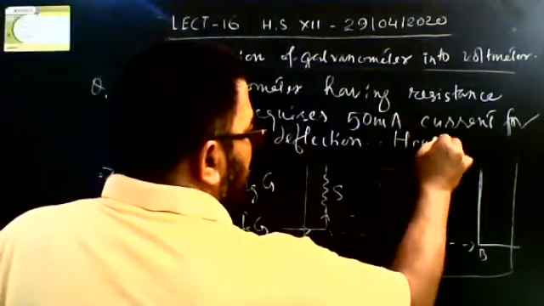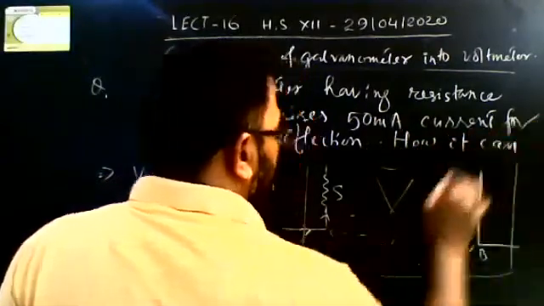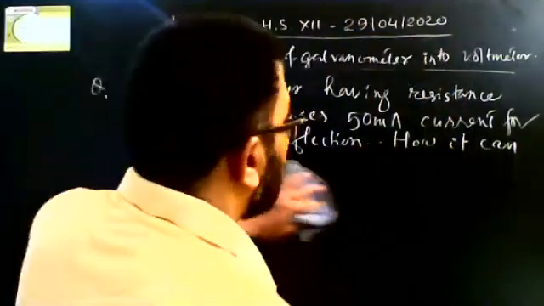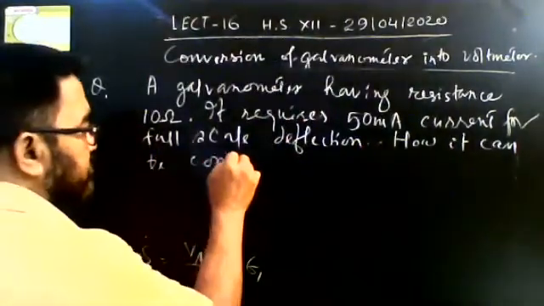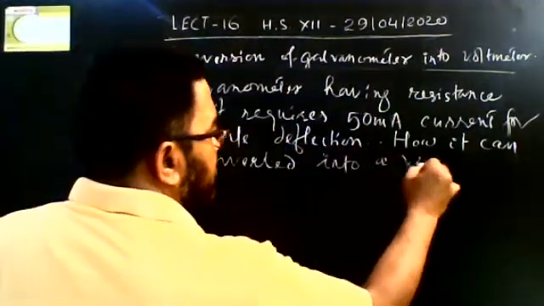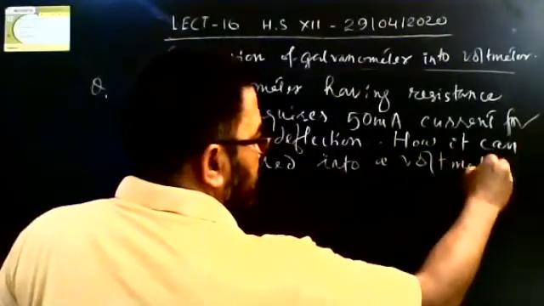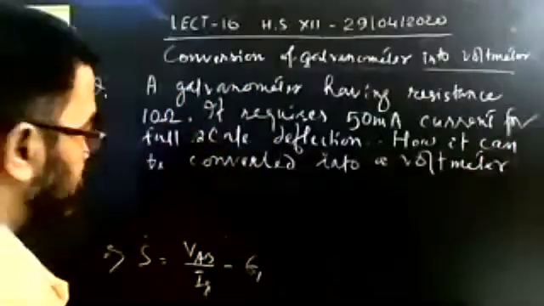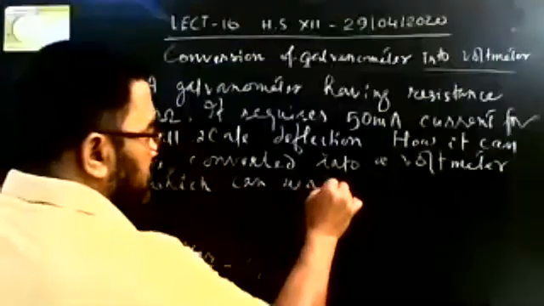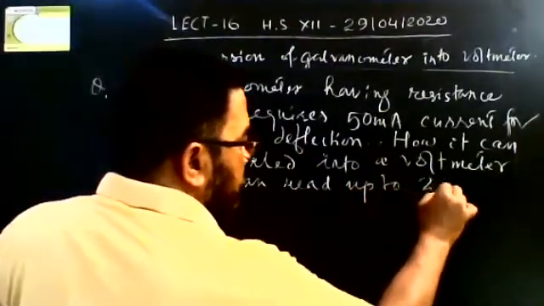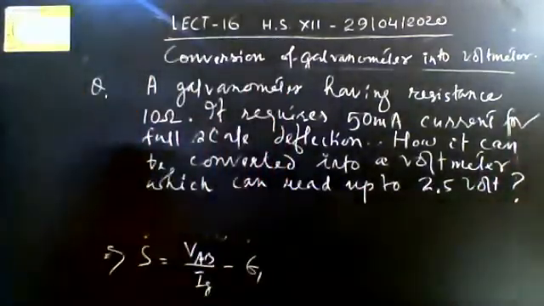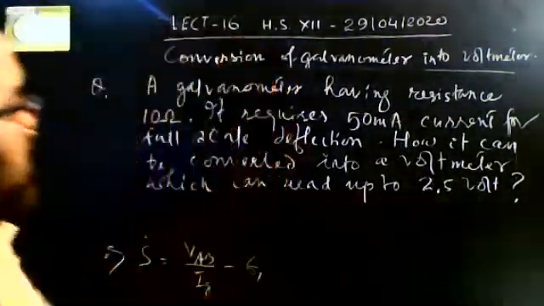How can it be converted into a voltmeter which can read up to 2.5 volt? Okay, this is your question.